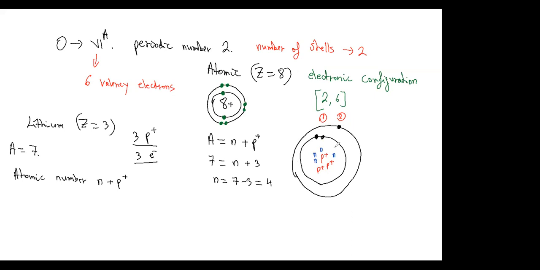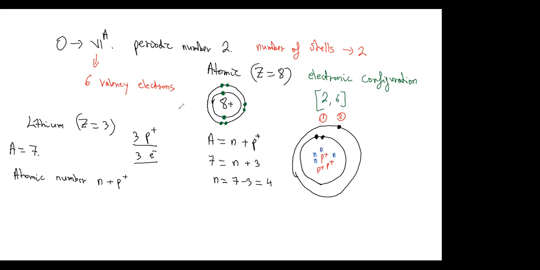So from this we can take the information that the atomic mass is related only to the nucleus of the atom. We don't need to find the number of electrons to find the atomic mass.